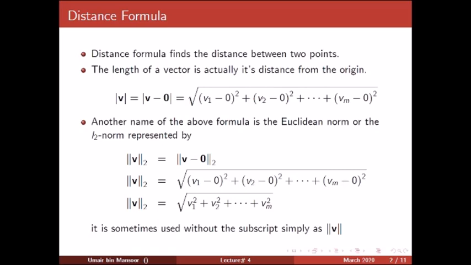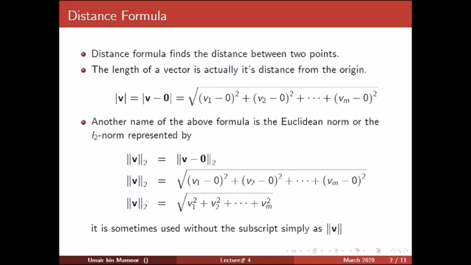You can look at the preceding equations to see how this is formed. This is the most used norm, the distance formula. So it is often used without the subscript 2.